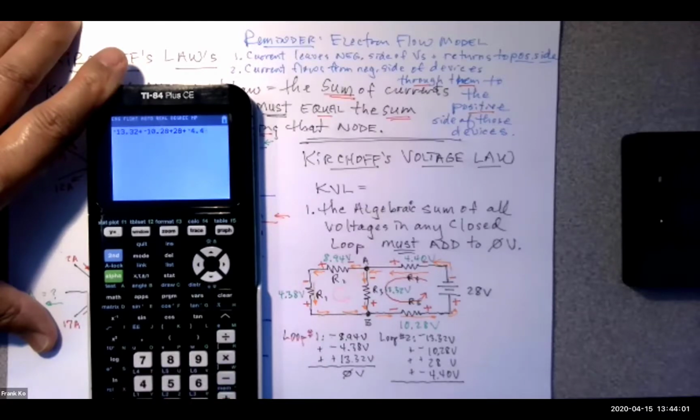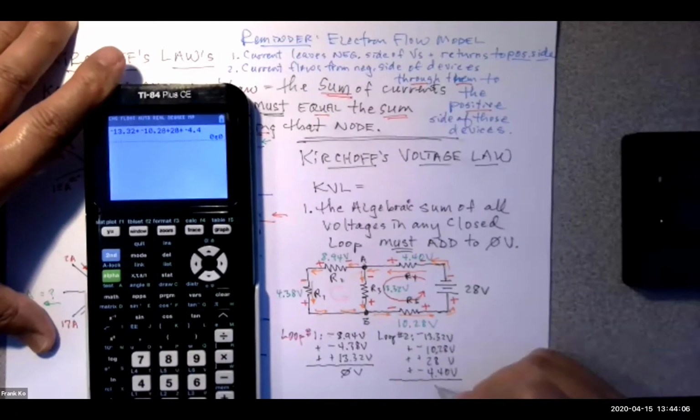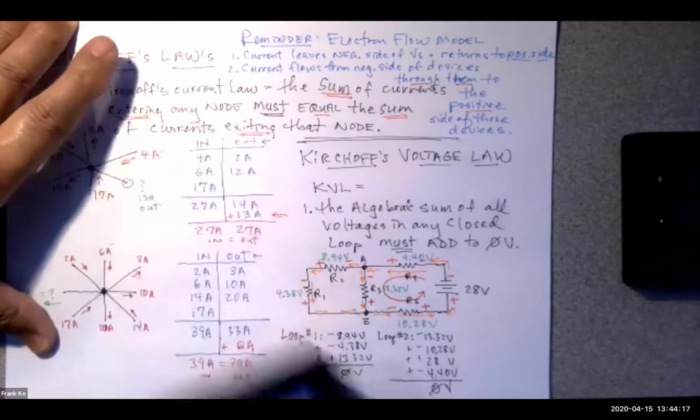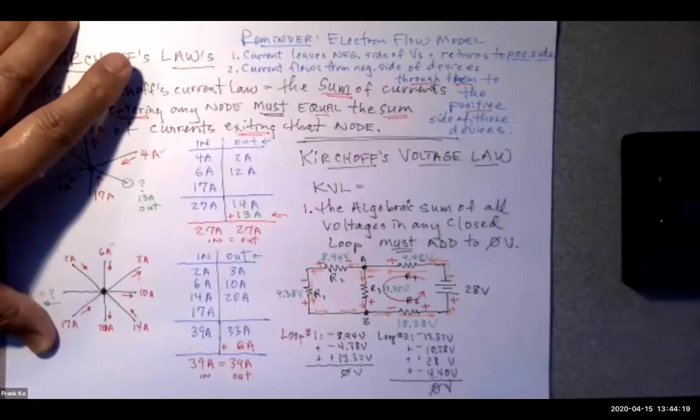If I tally this, I end up with, wow, 0 volts. Is Kirchhoff a happy camper so far? Kirchhoff's a very happy camper so far. We have one more loop. Who can tell me what my one more loop is?